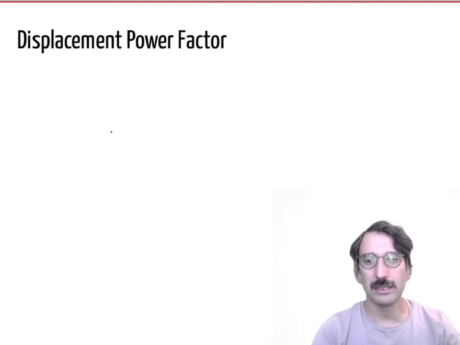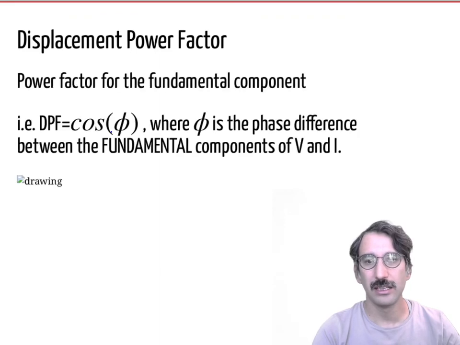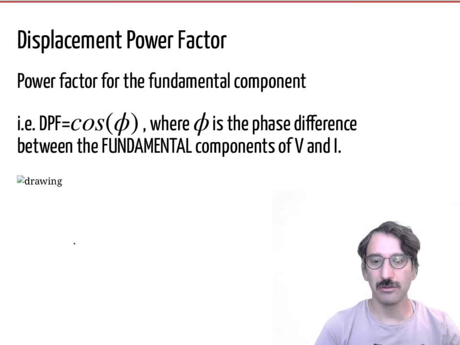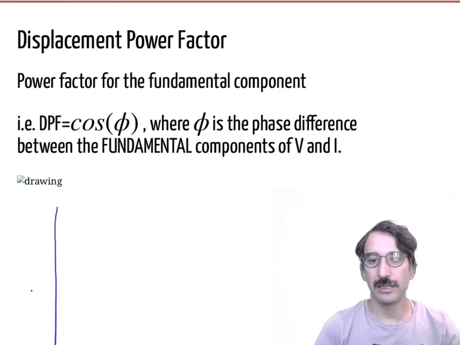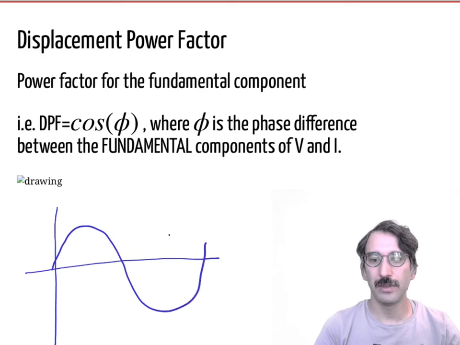So what is the displacement power factor? The displacement power factor is the power factor that you have seen so far. You can have a waveform, let's say this is some voltage waveform, and in a different color, let's say you have a current waveform like that.